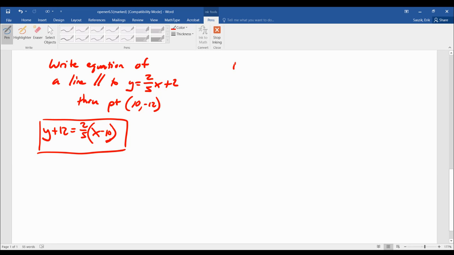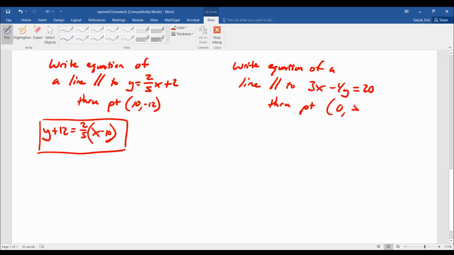Here's another one. Write the equation of the line parallel to 3x minus 4y equals 20 through point 0, 50.